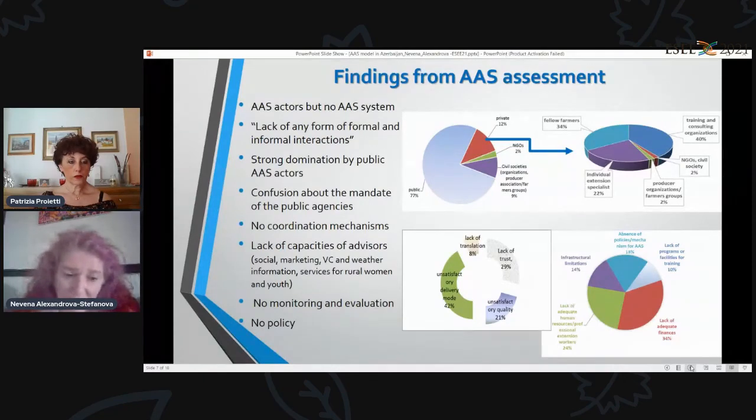Weather information and services for rural women and youth are missing. And there is no monitoring and evaluation system, and no policy at the moment, nor any regulatory framework for advisory services.